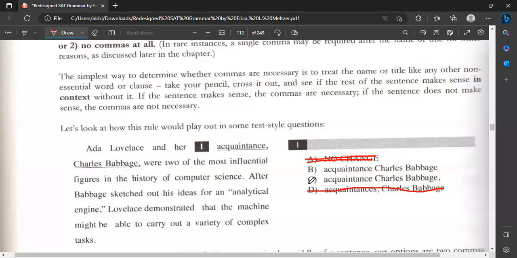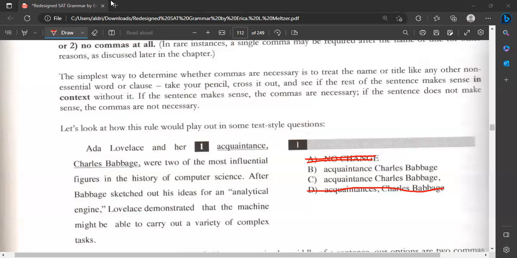So if I say, maybe let's say, I say Jerome Willisey and his car, the Toyota Prado, right? I don't think they make those cars anymore today, but anyway, when you say Ada Lovelace and her acquaintance, Charles Babbage, it means the only acquaintance Ada Lovelace had was Charles Babbage, because you put that comma.